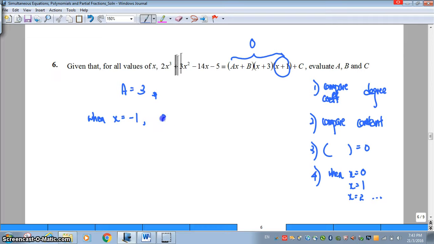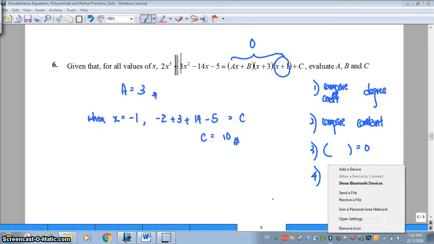So you will have 2, -2 plus 3 plus 14 minus 5. This will be equal to c, and c, in this case, if you do some simple calculation, it will be equal to 10. There you have it, the value of c.